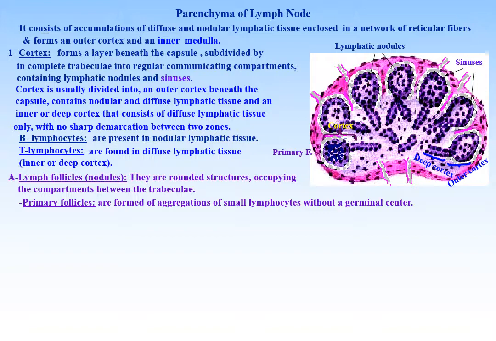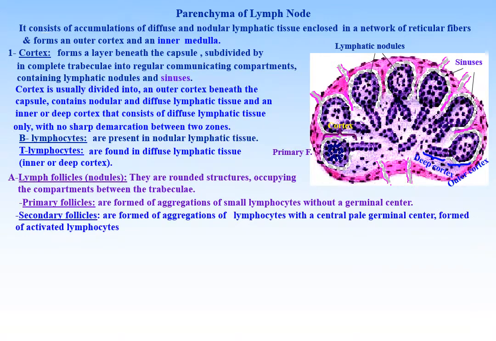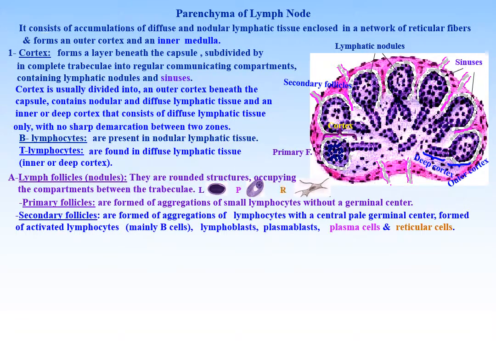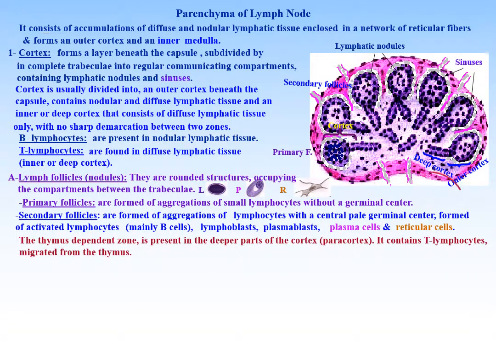There are primary follicles formed of aggregations of small lymphocytes without a germinal center. Secondary follicles formed of aggregations of lymphocytes with a central pale germinal center formed of activated lymphocytes, mainly B cells, lymphoblasts, plasmablasts, plasma cells, and reticular cells.